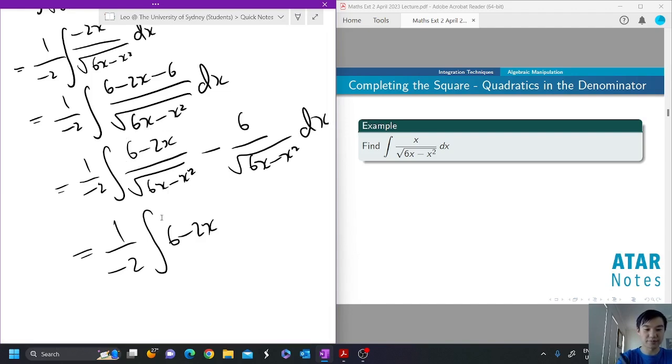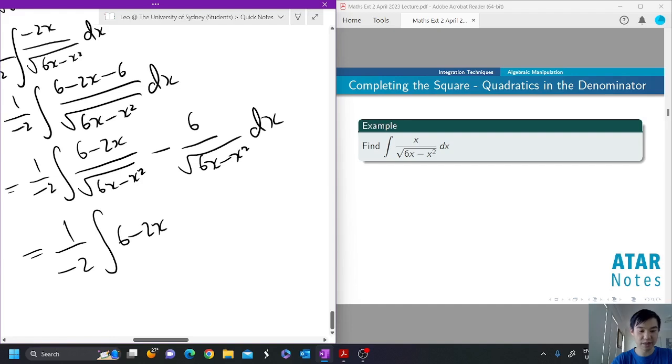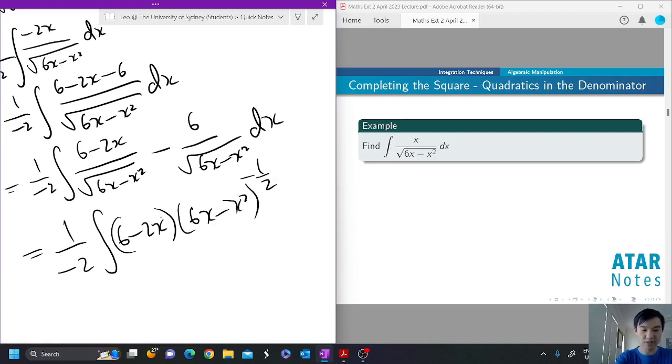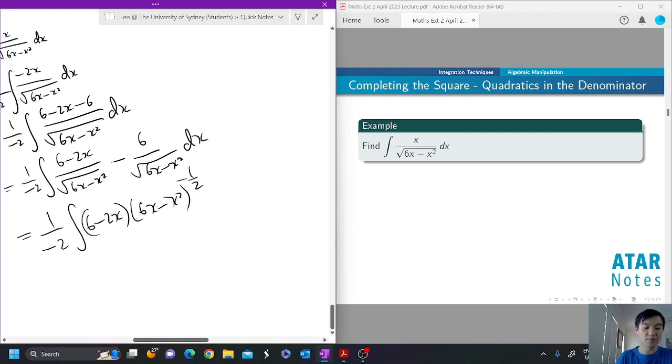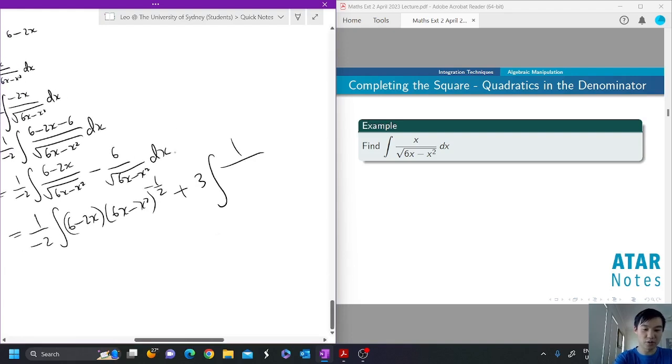So we've got 6 minus 2x times 6x minus x squared to the power of negative half. So we can directly integrate that. Here, I can say negative half times negative 6 will be plus 3 over 1 over root 6x minus x squared, like that.